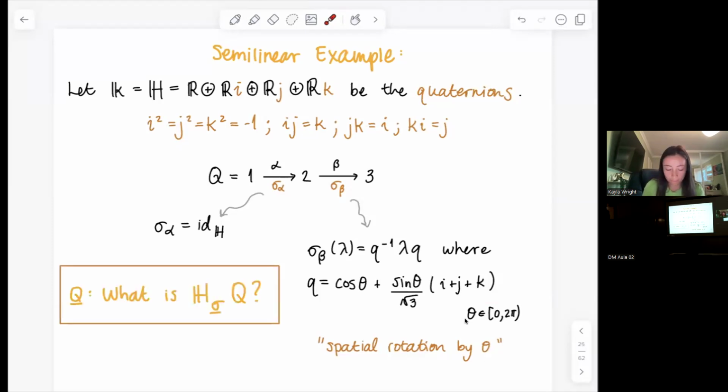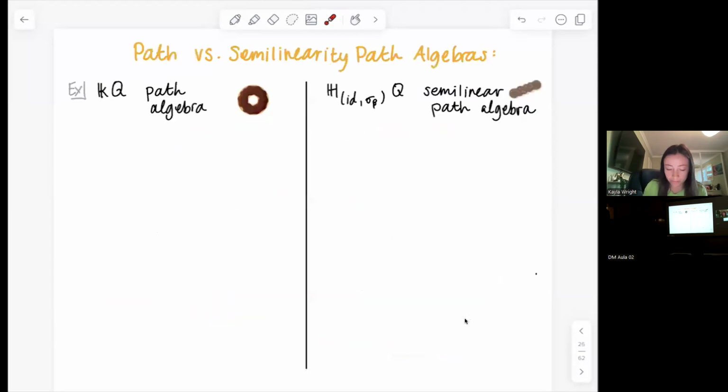So what we want to know is, what does this semilinear path algebra look like? And this is going to be the notation I'll have. The division ring will be here. The set of automorphisms I put on the quiver, I'm going to denote sigma underline, and then here's our quiver Q. Okay. So let's compare and contrast what happens with the path algebra versus this semilinear path algebra.